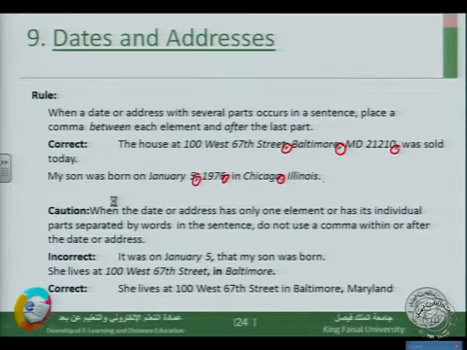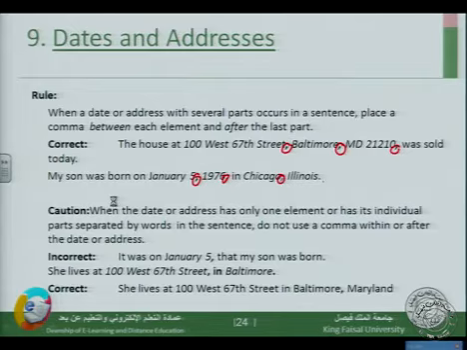But when the date or address has only one element or has its individual parts separated by words in a sentence, do not use a comma within or after the date or address. Notice this sentence: "It was in January 5 that my son was born." "She lives at 100 West 67th Street in Baltimore."